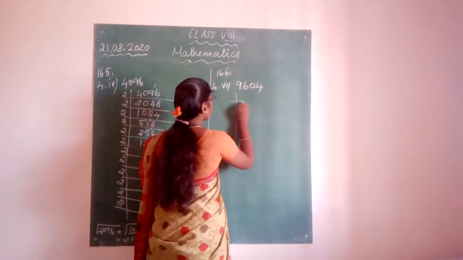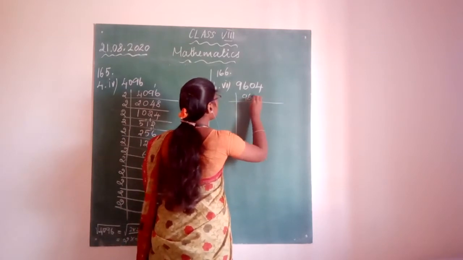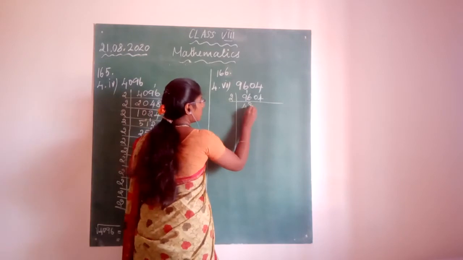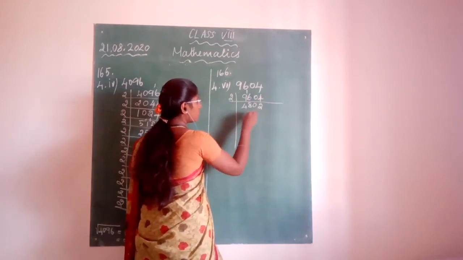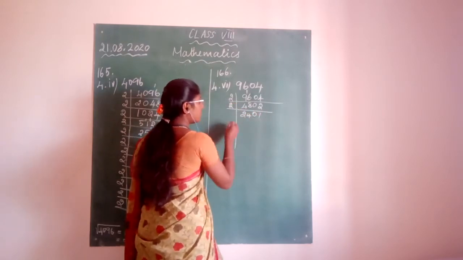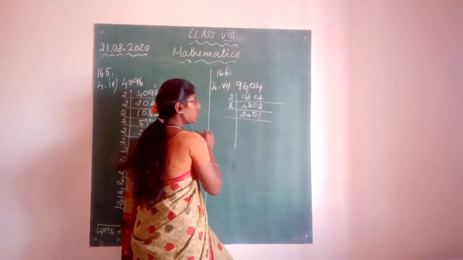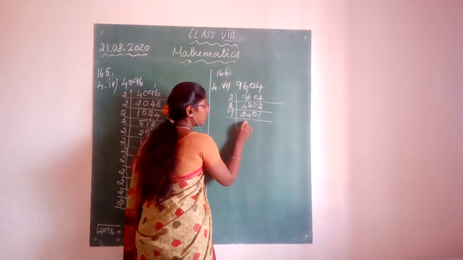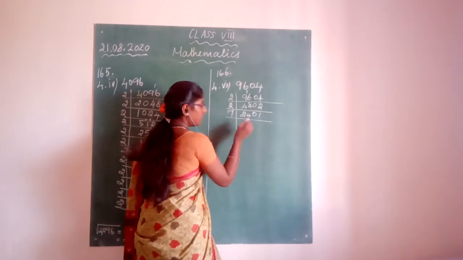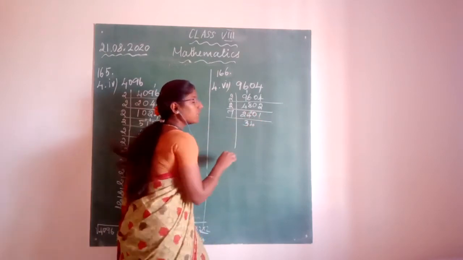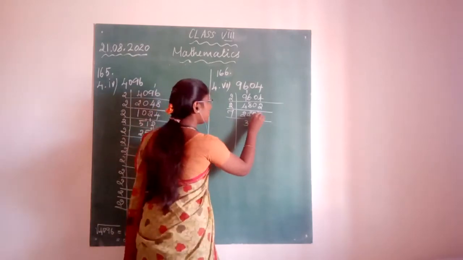Okay. So here also start with 2 table. 2 4s are 8, 1 remaining, 2 8s are 16, okay, 0 as it is, and 2. Okay. Then 2 2s are 4, 2 4s are 8, 0 as it is, 1. Now you can go with 7 table. Okay. 7 3s are 21, and 3 is remaining, 30. 7 4s are 28, 2 is remaining, 21.